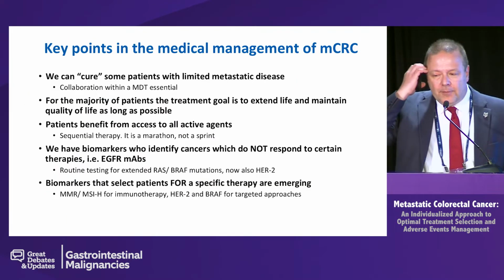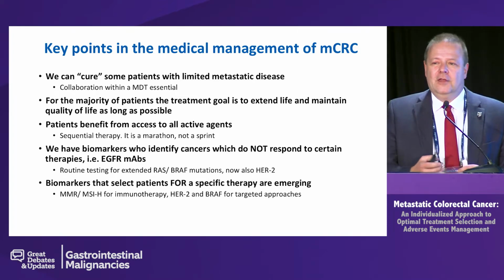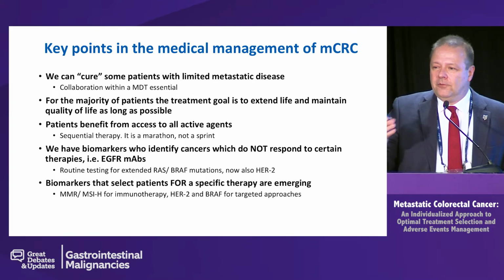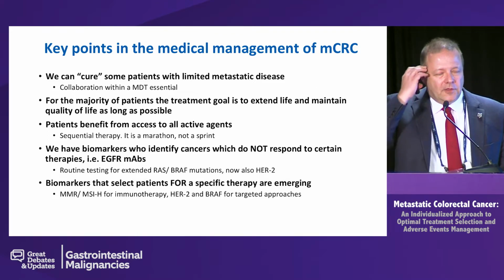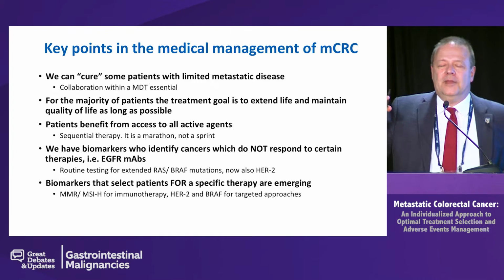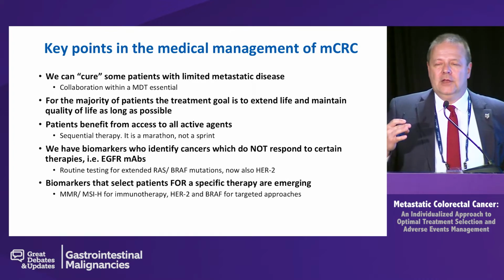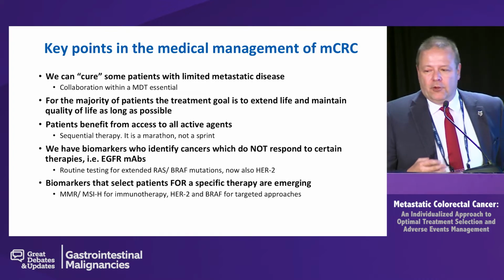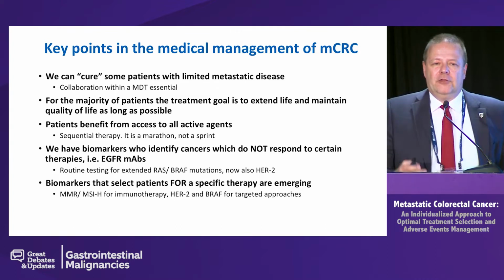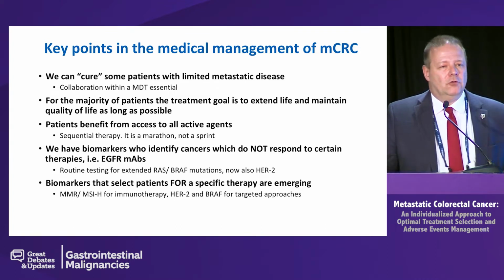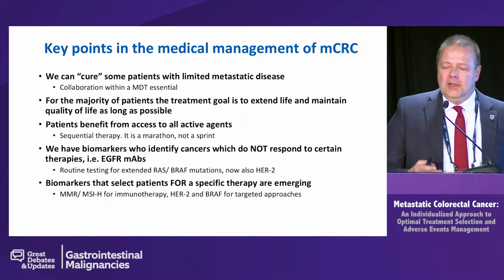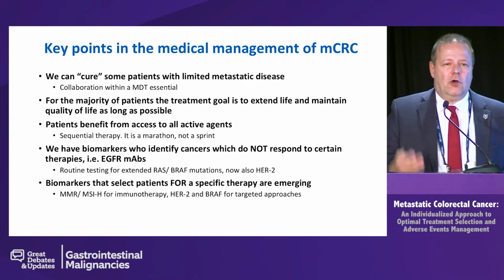Now, key points in the management of metastatic colorectal cancer: we can cure some patients. We need the help of dedicated surgeons to help us with curing patients with stage 4 disease. And we sometimes overestimate how many patients can be cured, but it's definitely something which I think is very important. For the majority of patients at this point in time, still the goal is to keep them around in good quality of life as long as possible, and patients benefit from access to all active agents.